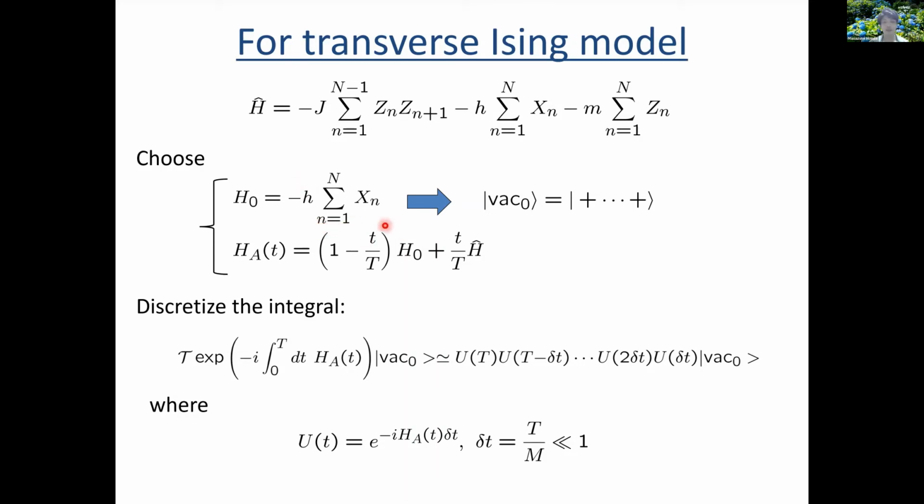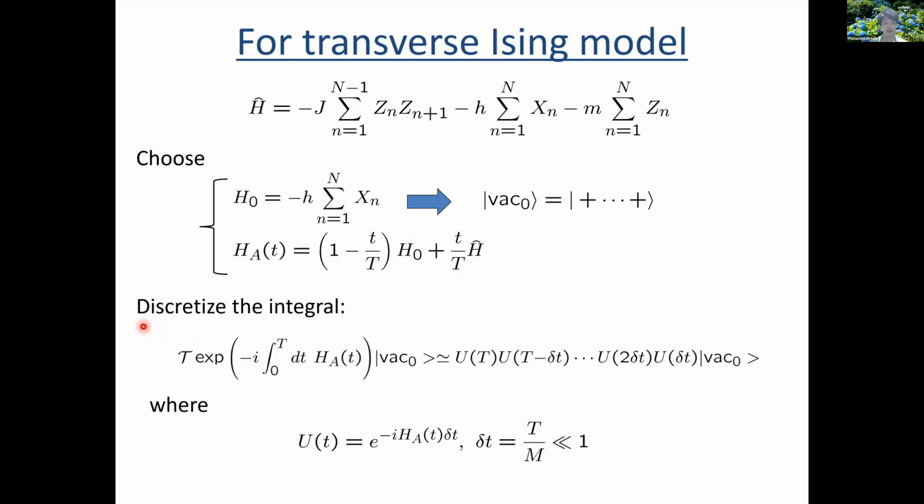We know the vacuum of H0 explicitly by this, the state plus plus plus. Then we take the adiabatic Hamiltonian HAT to be this function. You can check that HAT smoothly interpolates H0 and the target Hamiltonian.